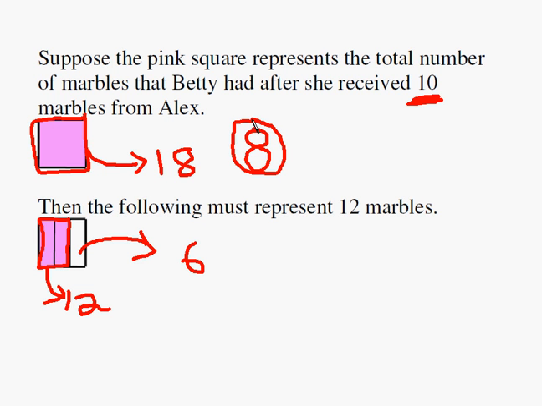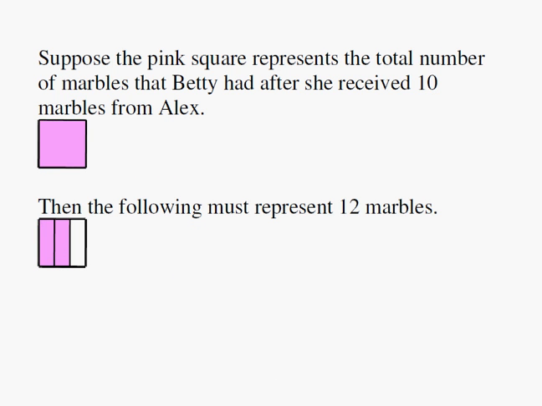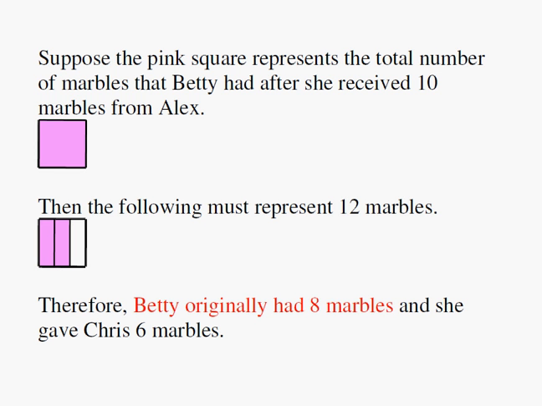So originally, Betty must have had 8 marbles. And she gave 6 to Chris. Again, a couple of facts that we gathered. We are going to summarize it right here. So, originally Betty had 8 marbles and she gave 6 to Chris. So let's find out how many marbles Chris had and we can move forward.